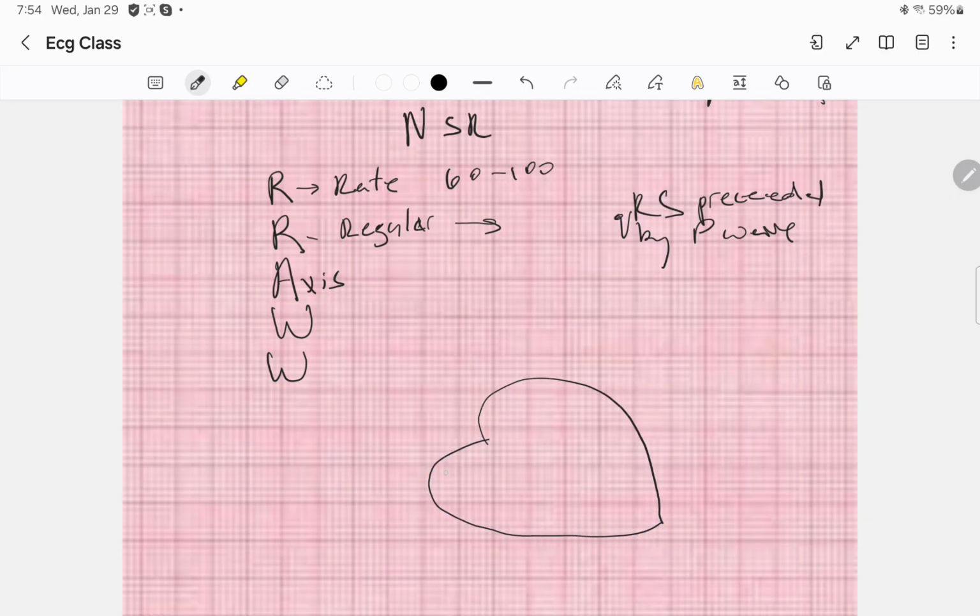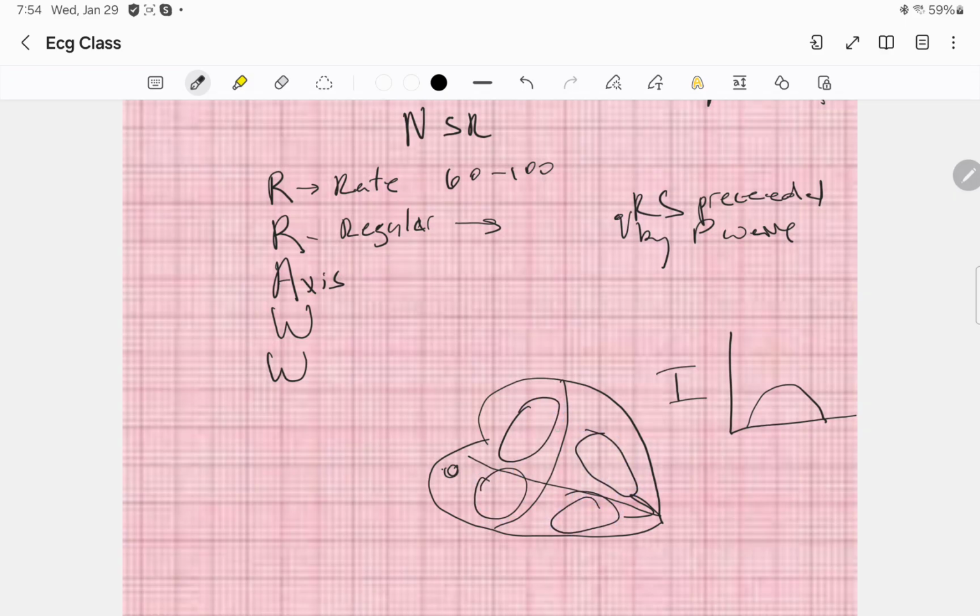If the initial impulse is originating from here and it's going this way, and I'm looking, for example, in lead 1, based on our prior discussions, we would expect lead 1 to have a positive P wave, right? But what if the P wave is actually originating here, right? Let's put a P. And so the vectors are going in the opposite direction with a mean electrical vector going that way. Then you're going to have an inverted P wave.